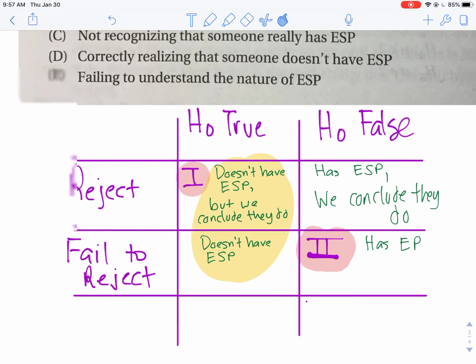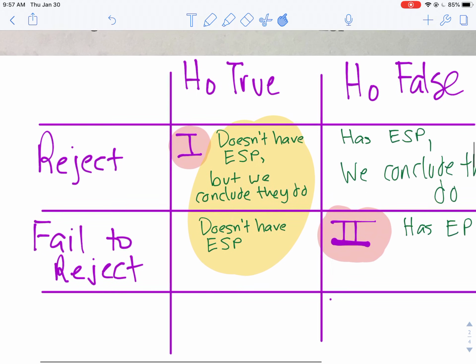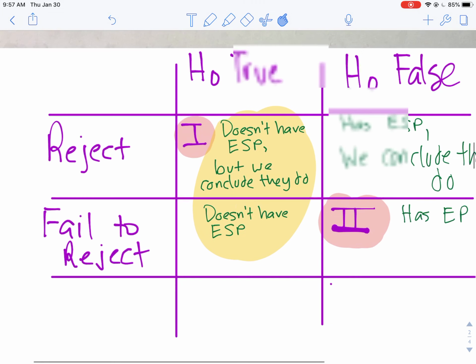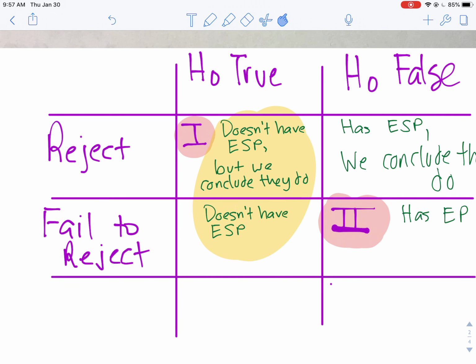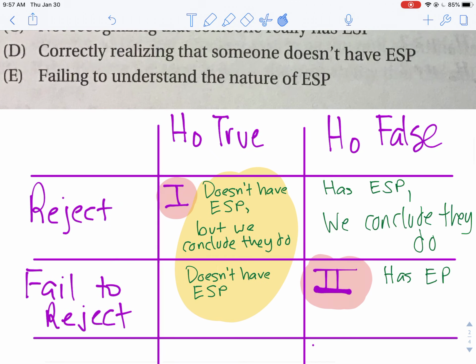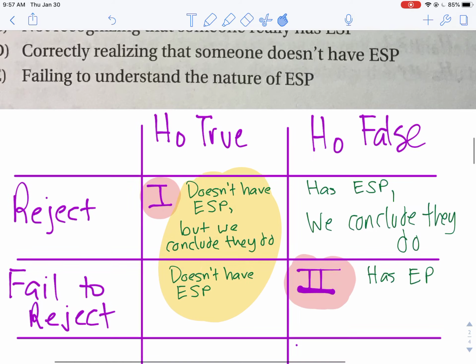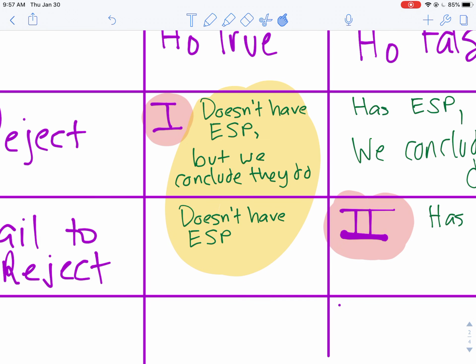That's great. Now if we fail to reject the null, then that means we haven't necessarily proven they have ESP, but we say there's not evidence to prove that they don't have ESP. You know what I mean? Because we have our null hypothesis here where we say that, okay, they don't have ESP. We don't have enough evidence to disprove that.